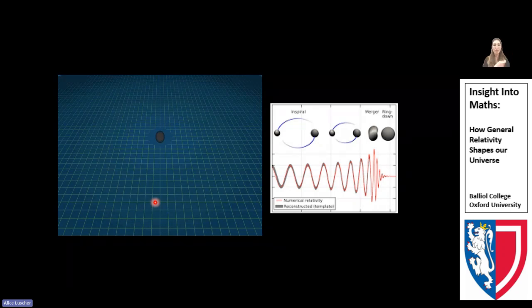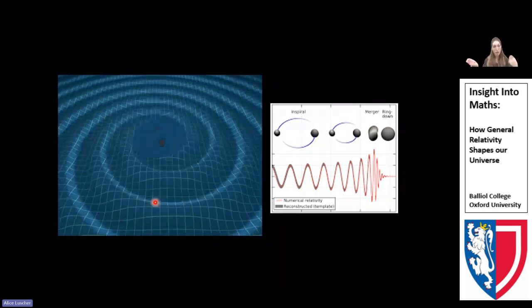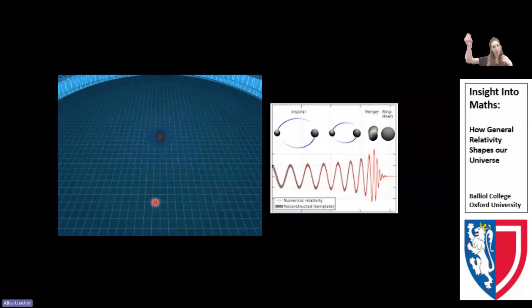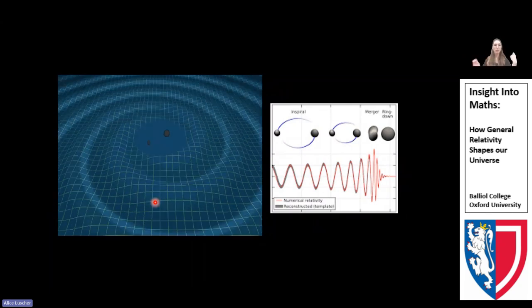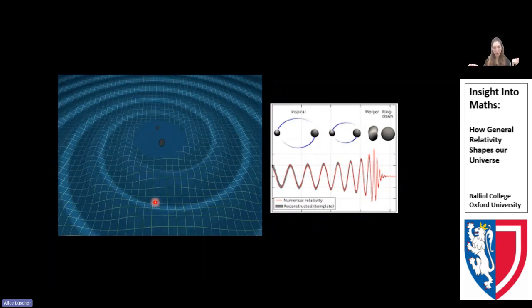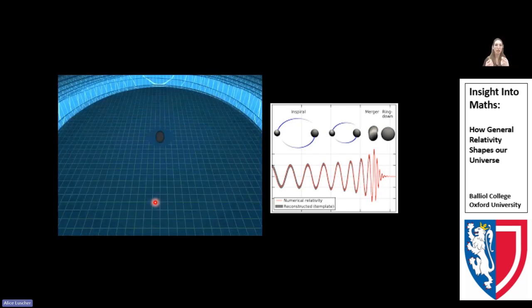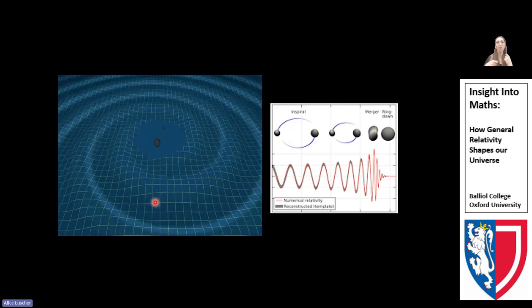And in particular, the two black holes are orbiting each other, and the wave carries some energy away from the system. So some energy is dissipated in the wave. And because this system is losing energy, it's going to start orbiting closer. But because it's getting closer, to conserve angular momentum, it's going to start orbiting faster.